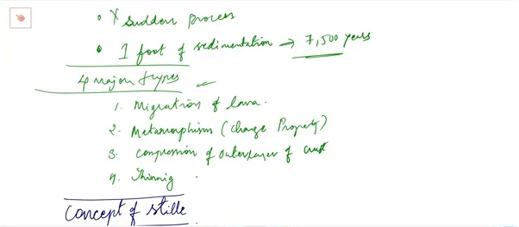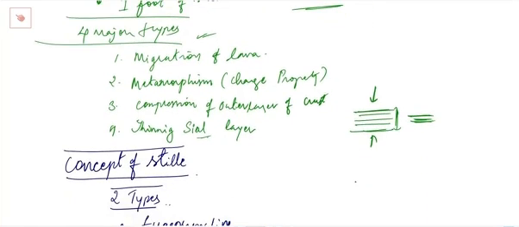So thinning of the sial layer, that is the silicon and aluminum layer. It is compressed from both sides, and from this stage it reaches this stage. So this is what thinning is.